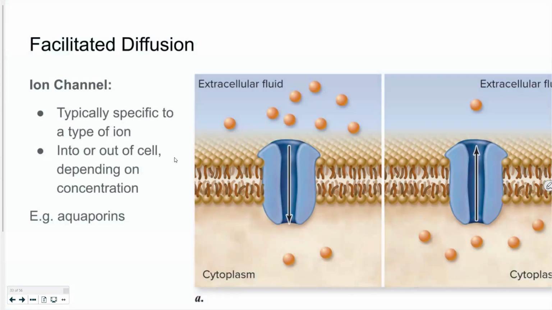Again, if we're looking at the outside of the cell, our extracellular fluid, so that just means it's outside, and then our gooey inside, so inside the cell, we can have ion channels as our facilitated diffuser.